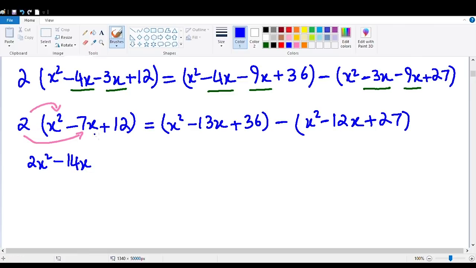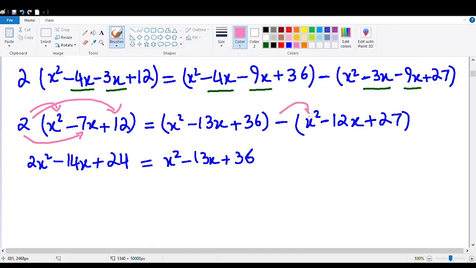And 2 7s are 14, so yeah, minus 14x. Then when we multiply 2 with plus 12, we'll get plus 24 equals x squared minus 13x plus 36. No need for the brackets.